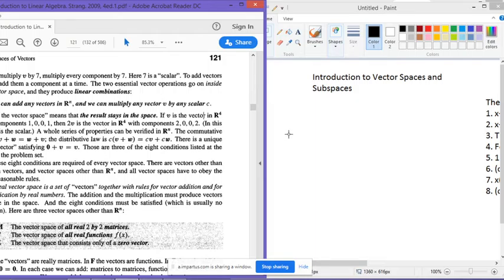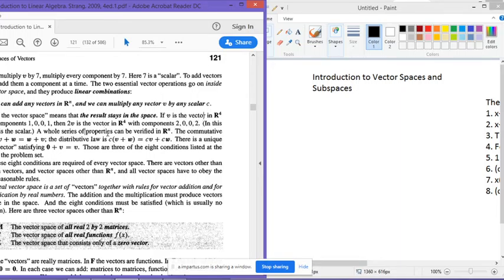When you add vectors in R^n and multiply a vector v by a scalar c, the result should be in the same space. It means the resultant should stay in the same space. If it comes in another space, then it is out of the space, and it violates the 8 rules which the vector and vector space have to satisfy.